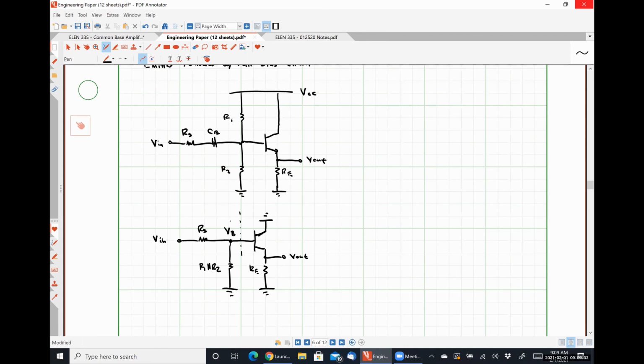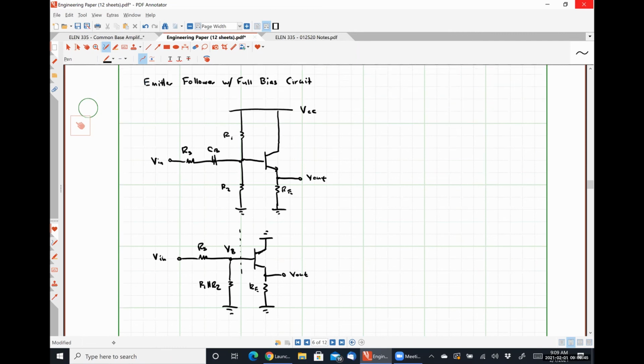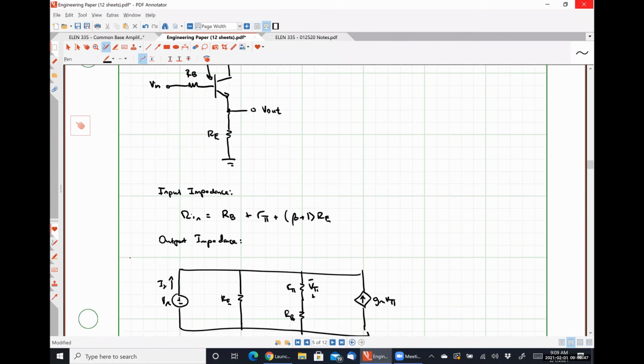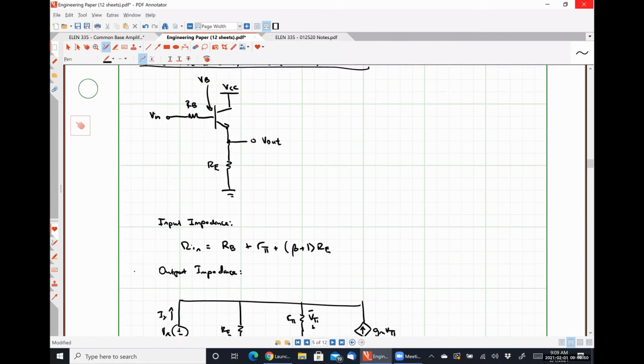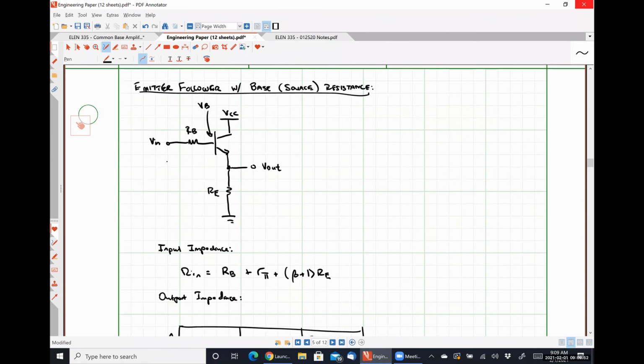So it just looks like a resistor network connected to our emitter follower baseline model, right? Which is literally exactly what we just solved. We're just representing that entire resistor network by this one resistor RB here.